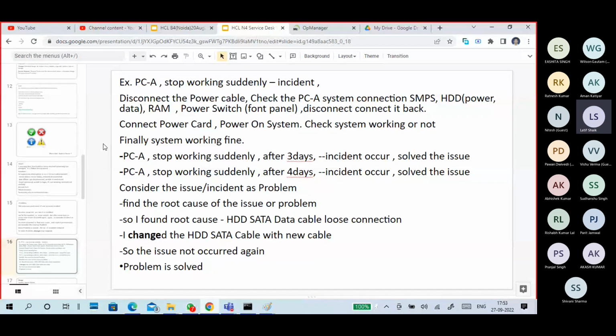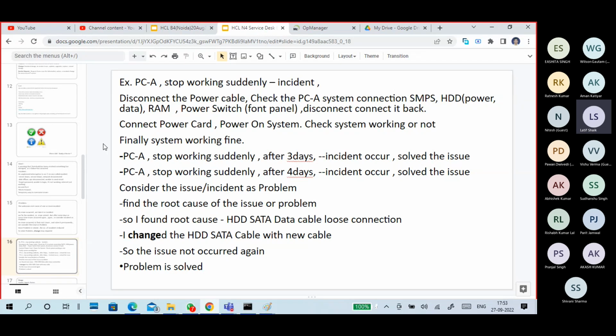For a laptop, you have to remove the power connection plus the battery. Not because you will get a shock from it. You won't get a shock because it is a very low DC voltage and the current is also very low. But the system may get a shock from you. There is a possibility. Mainly important is do not connect any power source to the computer.